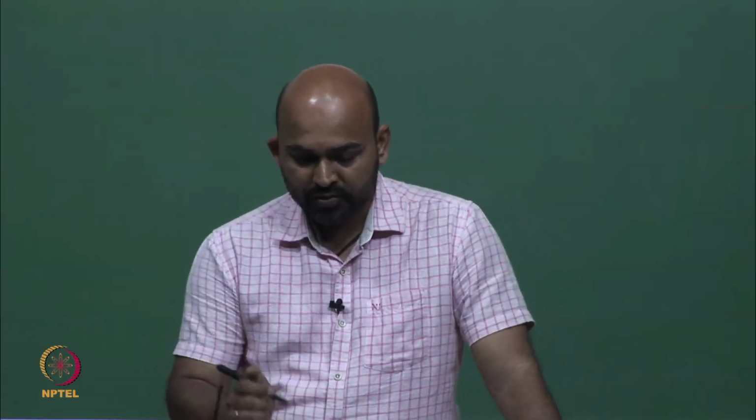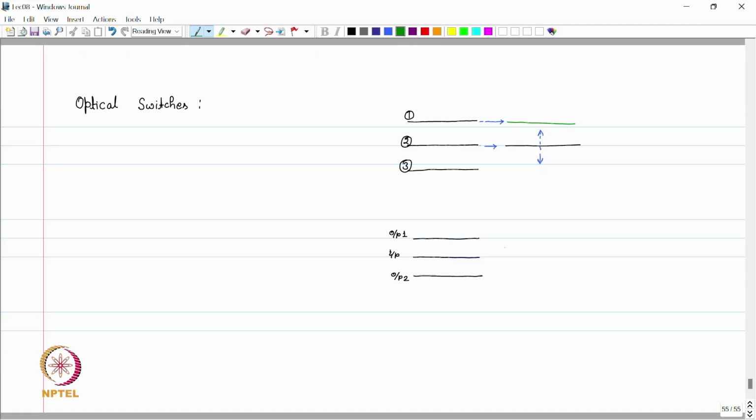So, we can make use of a prism, something like this. In the first case we have the prism placed like this. So, now our optical wave goes here, bounces back here and then goes to output 1. So, this is the first case when the input is coupled to output 1.